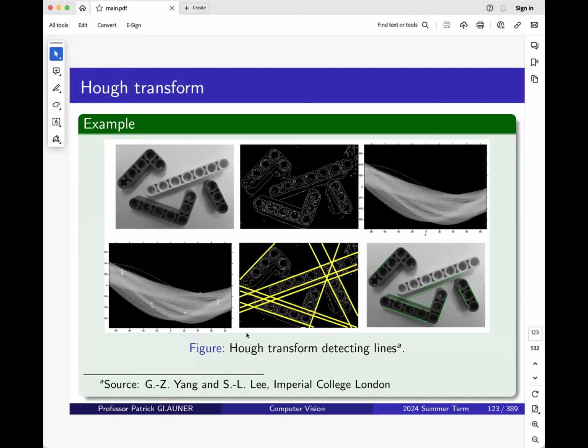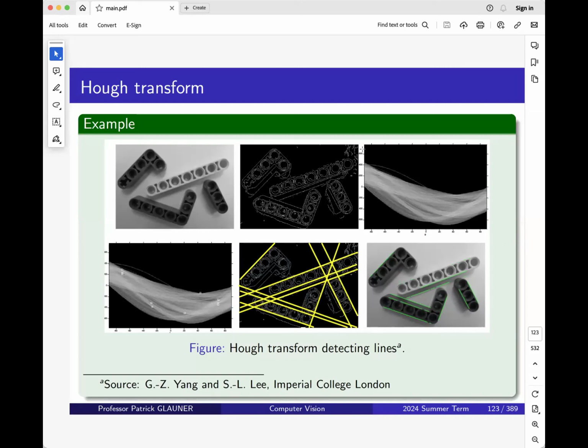I have an example here of images, and what I want to find is essentially straight lines in this image. So this is the original image, and this is my result. I found various lines in here, but obviously these lines are far longer than the actual objects, so they go too long here. What I'm seeing here is a step-by-step procedure of how the Hough transform works.